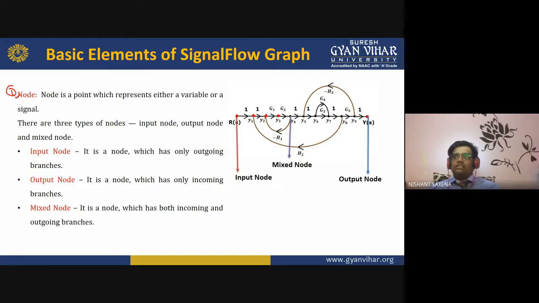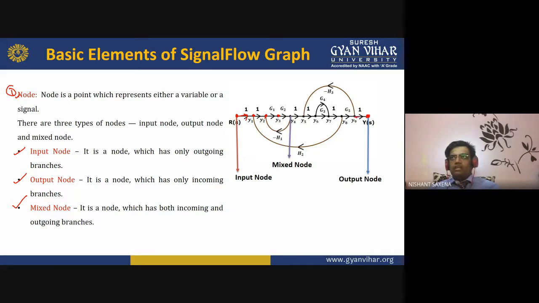Out of these several nodes, we can classify all types of nodes into three categories only: first is the input node, then the output node, and then the mixed node. The input node is the node which has only outgoing branches. This node has only one outgoing branch, and there is no input to it. That's why it is called an input node. The output node is the one which has only incoming branches.